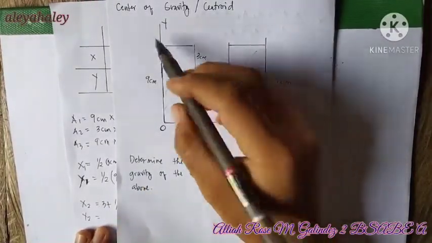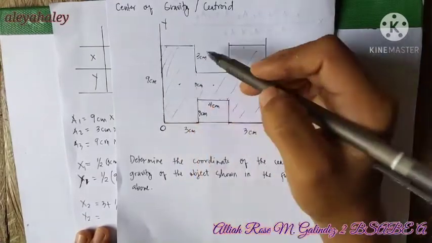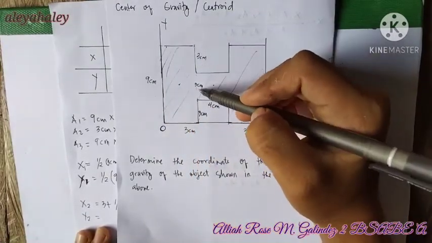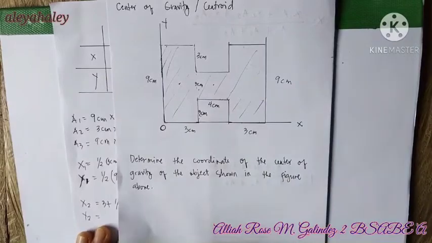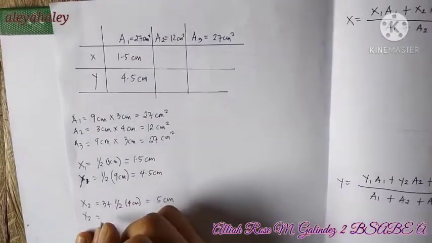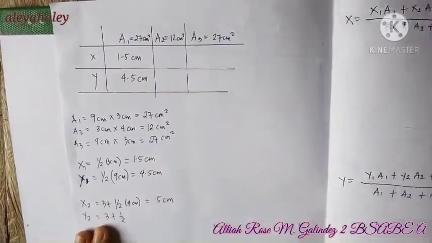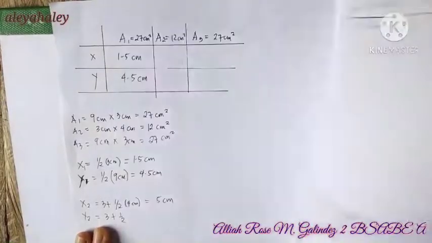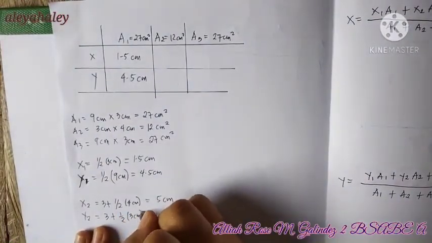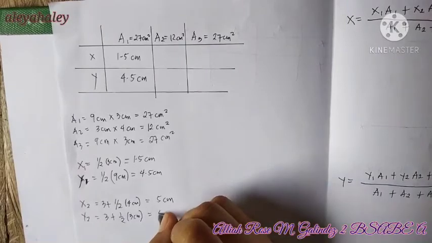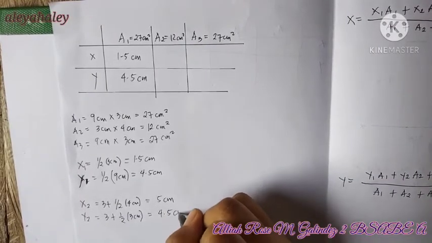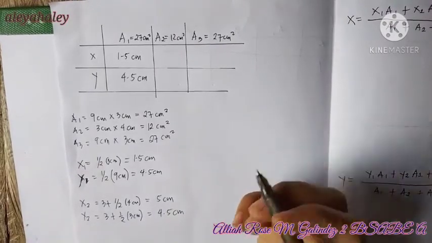This is probably here since the length is 9. And we have 3 centimeters. So this is probably 3 centimeters. So 3 plus 1/2 of the 3 centimeters. So we have 4.5 centimeters.